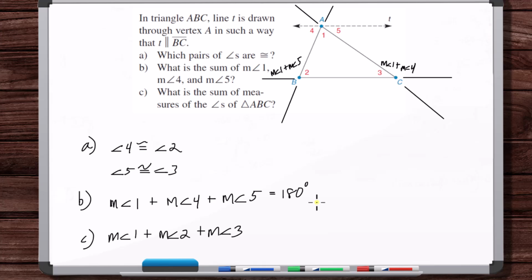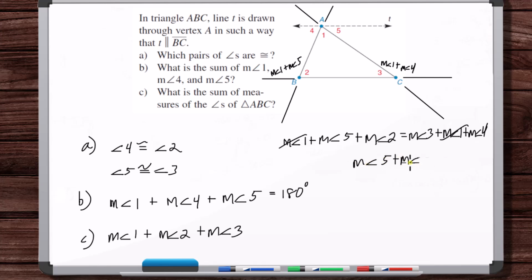We know that the measure of angle 1 plus the measure of angle 5 plus the measure of angle 2 is equal to 180, and that is also equal to the measure of angle 3 plus the measure of angle 1 plus the measure of angle 4. Those are also summing to 180, right? So these subtract out, and we've got the measure of angle 5 plus the measure of angle 2 is equal to the measure of angle 3 plus the measure of angle 4.